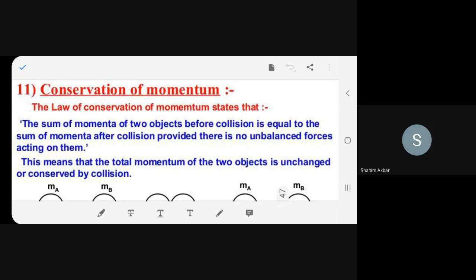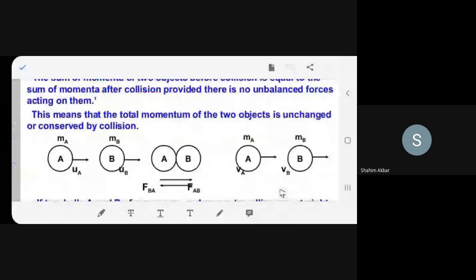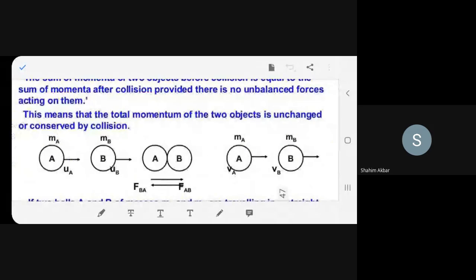But for any hypothesis, we have to take certain generalization. So, we will talk about everything happening when there is a balanced force. Is it clear? This means that the total momentum of the two objects is unchanged or conserved by collision.